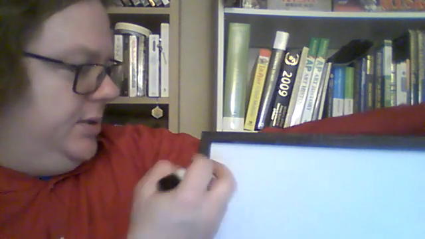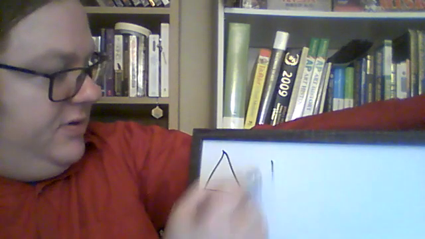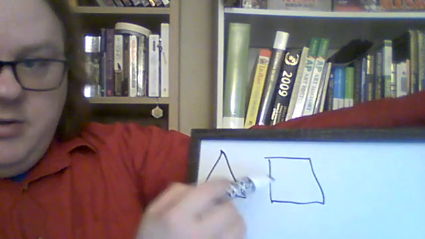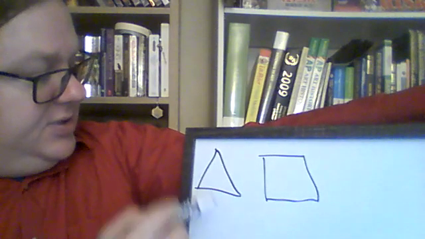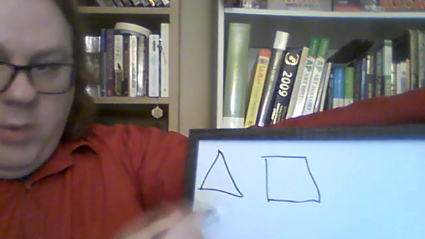Okay, now we go to word problems. A square and a triangle have equal perimeters, right? Okay, so perimeter is the measure of the outside lines added together. So that means this triangle is probably slightly bigger than the square. Ignore my drawing, I guess.